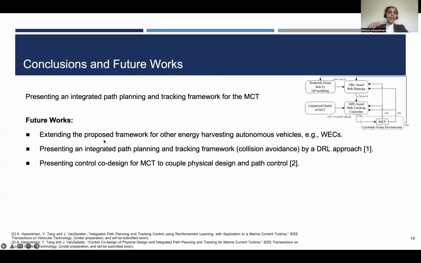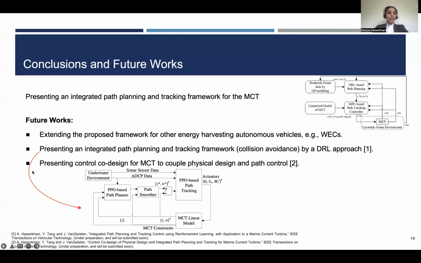We consider that our proposed framework can be extended to other energy harvesting autonomous vehicles, such as wave energy converters or airborne wind energy systems. We have some ongoing works in our lab, including presenting an integrated path planning and tracking framework, which also considers collision avoidance and is formulated by deep reinforcement learning algorithm.